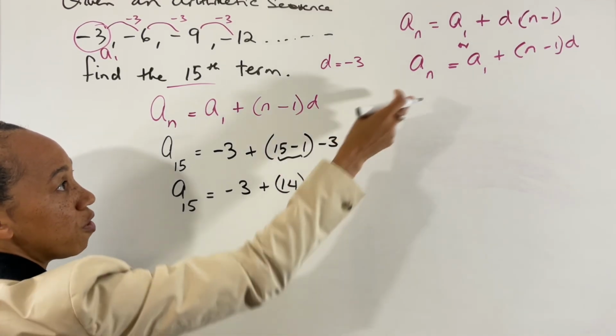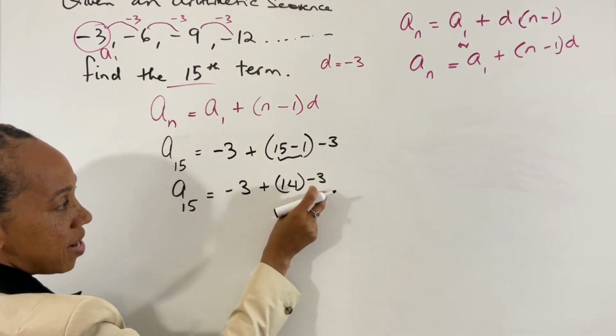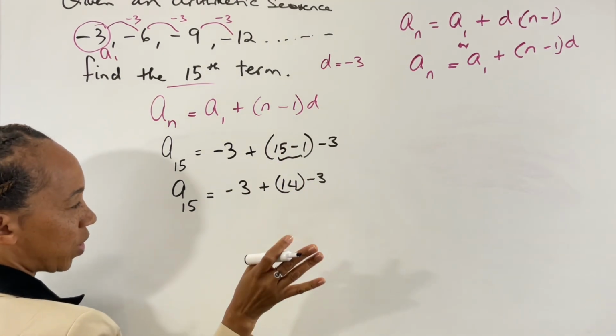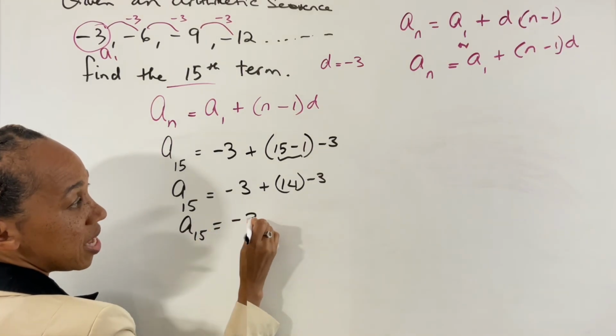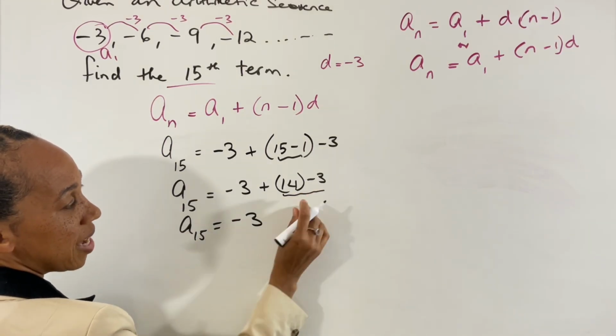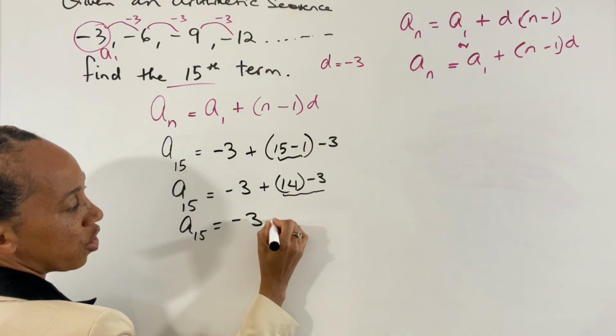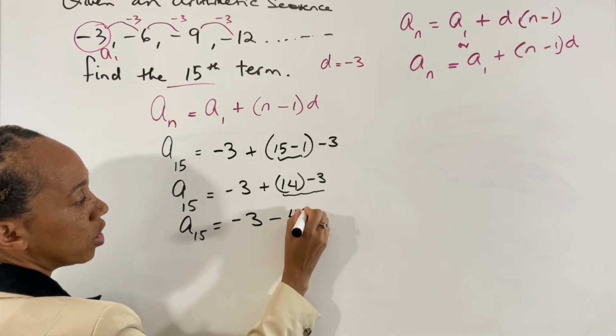It is fine if you use the other formula where you have the -3 in front. That is okay. So when you multiply -3 times 14, you're going to get -42.